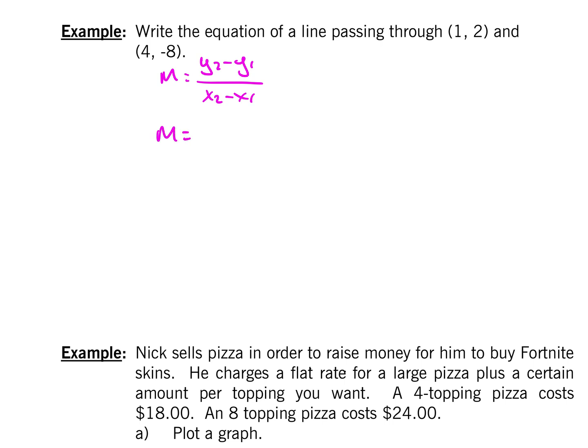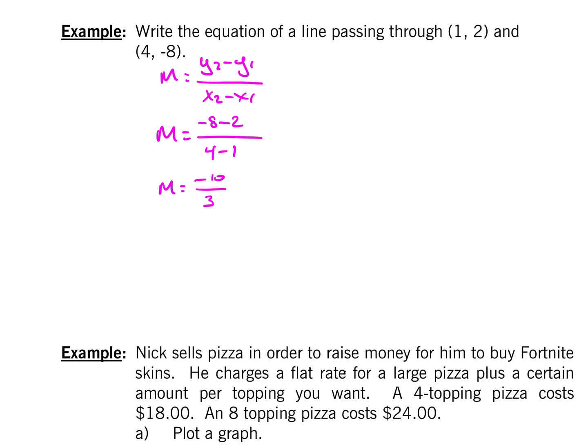It doesn't matter which one's 1 and 2, so we're going to get -8 minus 2 over 4 minus 1. Okay, so that's going to be -10 over 3. That is going to be your slope. Okay, now we have our slope.